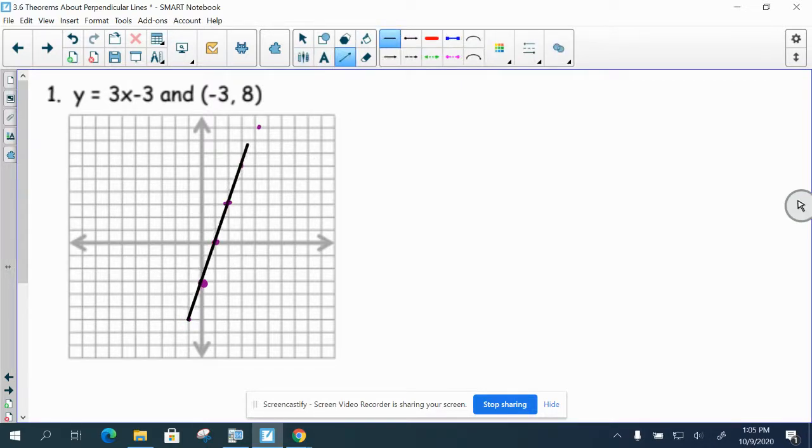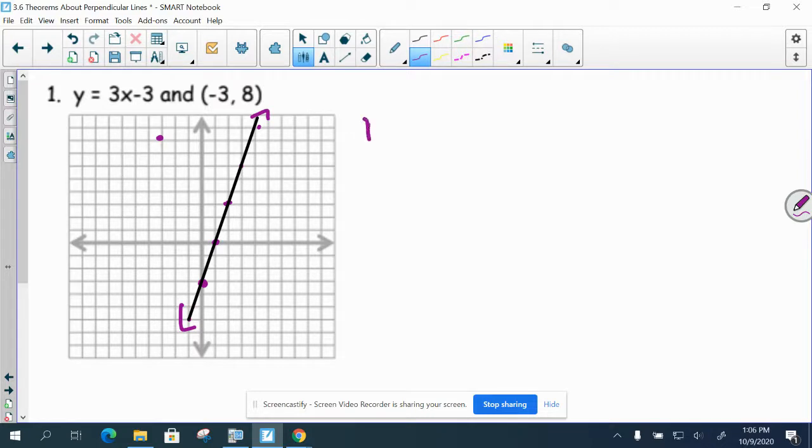Draw in your line. And draw some arrows. And then this point is negative 3, positive 8. So 1, 2, 3, 1, 2, 3, 4, 5, 6, 7, 8.